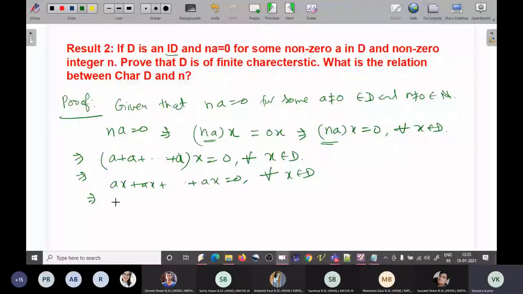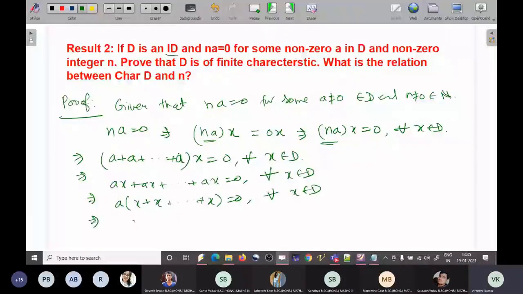So we can take a common from here. Let us take a common: a times (x plus dot dot dot plus x) equals 0. This addition in the bracket is n copies of x, so for all x belonging to D.